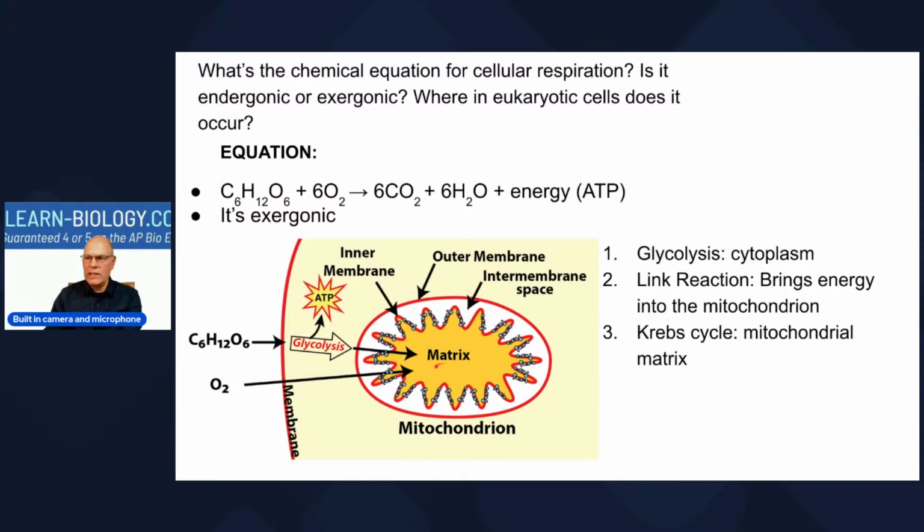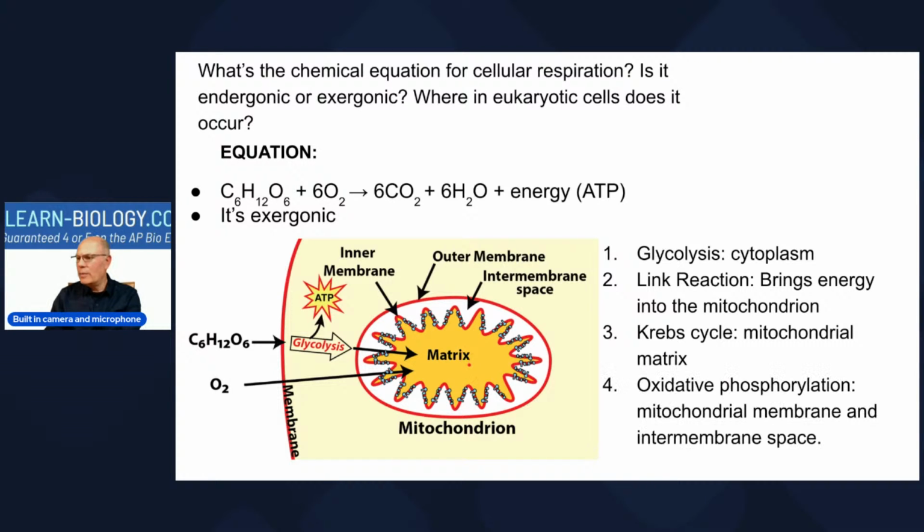It's where the DNA are, and it's also where a variety of enzymes are that take the products of glycolysis and ultimately break them down into ATP and an energy carrier called NADH, and also releases a lot of carbon dioxide. And then finally, the last phase of cellular respiration is called oxidative phosphorylation, and that happens along the mitochondrial inner membrane and the intermembrane space.